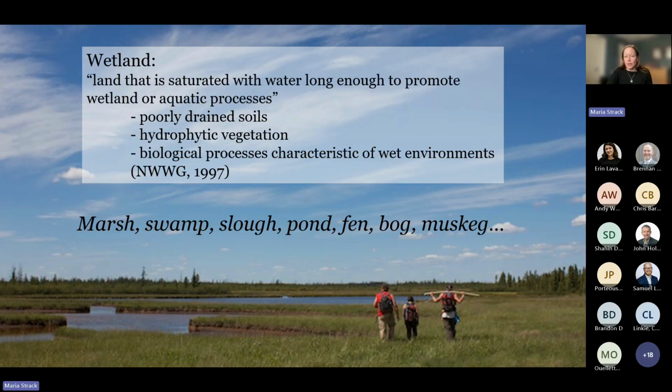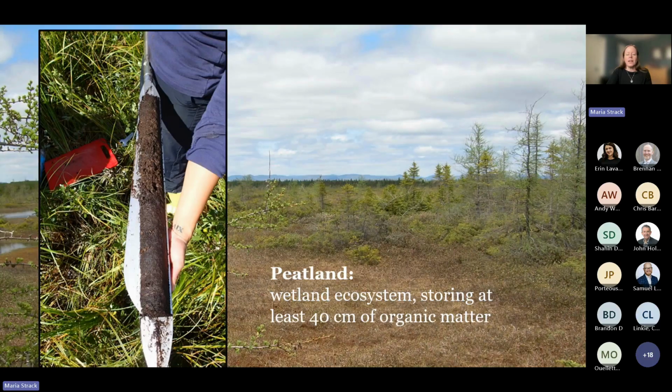And we give them a lot of different names on the landscape, some of which I've listed here. In Canada, many of our wetlands are peatlands, where one of the biological processes characteristic of wet environments is very slow decomposition rates. So when organic matter is deposited in the soil in a wet condition, there's very little oxygen available for decomposition, and that organic material accumulates.